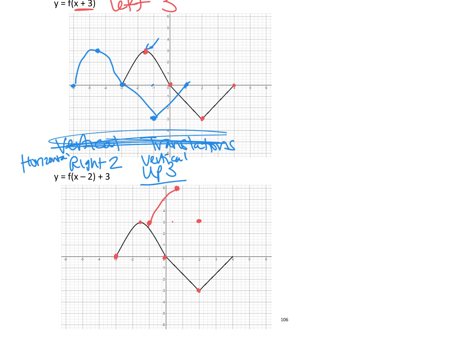And then this ordered pair, up 1, 2, 3, and then to the right 2. And then this last ordered pair, I would go up 3 to the right 2. Ooh, that was kind of intense. Okay, there we go.